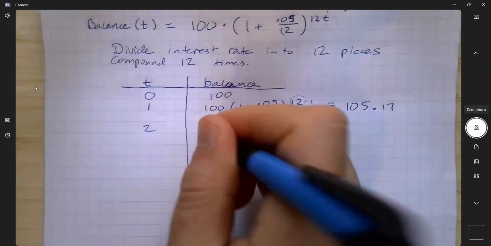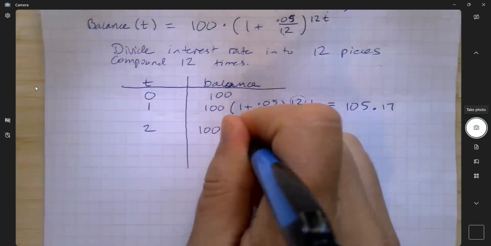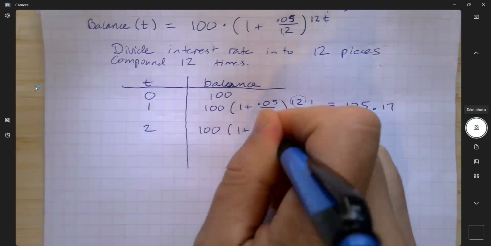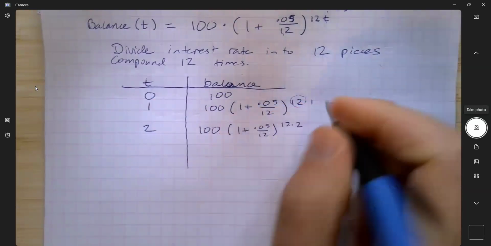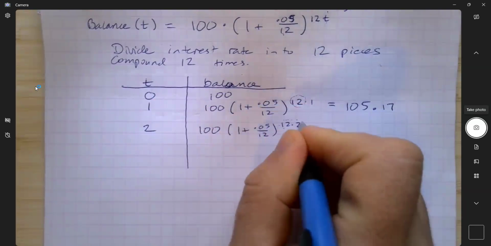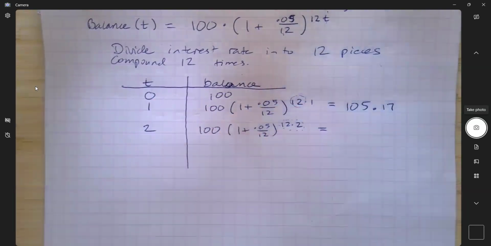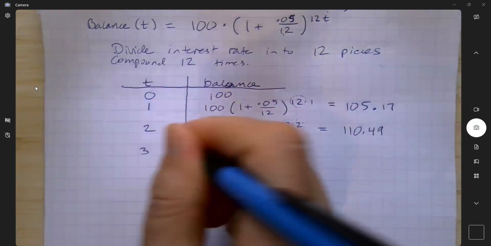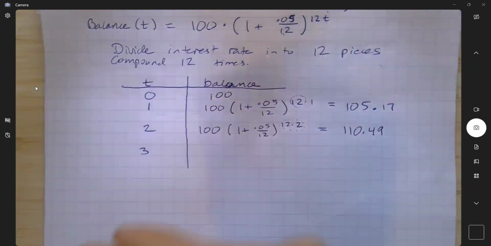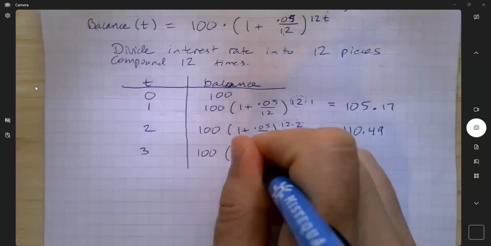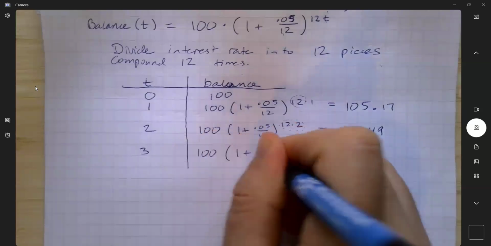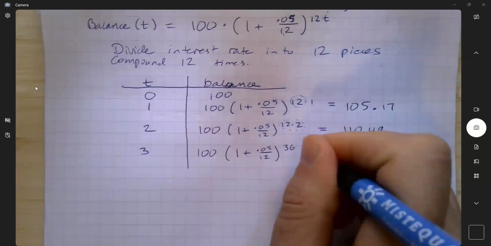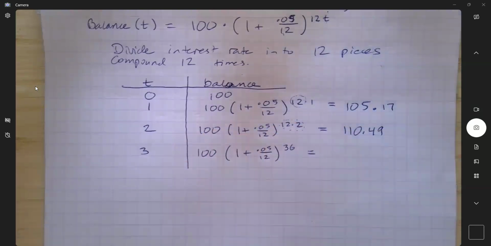And after 2 years, I take that 100, 1 plus 0.05 over 12 to the 12 times 2. Now I've done it 24 times. $110.49. It's growing faster than when I was compounding it once per year. And let's look again at 3. That's going to be 36 compounding periods.